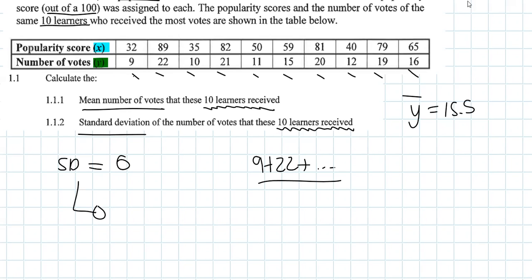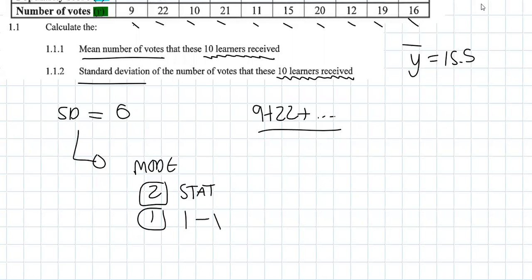So to get the standard deviation, we press mode, number 2, stat. Once you're in stat, press 1 for the 1-var. This is if you just have an X, so you don't have any Y value as well. You're not comparing one against the other.